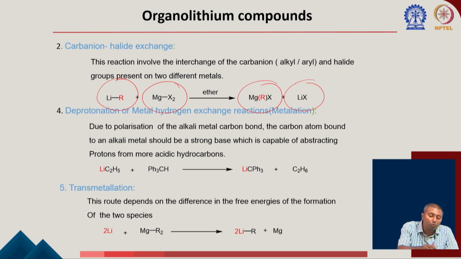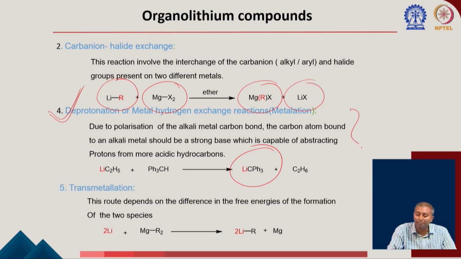I think the other most important method among all of these is deprotonation. You are going to see a lot of discussion about these topics in the next class, where you will see a lot of different protons, because it's a very strong base. It is going to deprotonate a lot of acidic protons and generate the corresponding organolithium, because once the deprotonation happens, a carbanion is generated with the lithium cation.